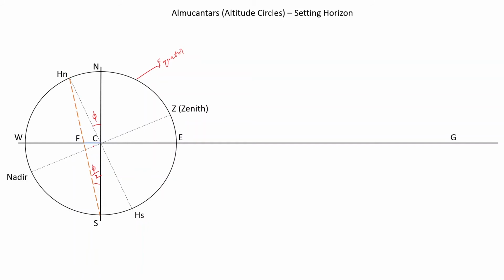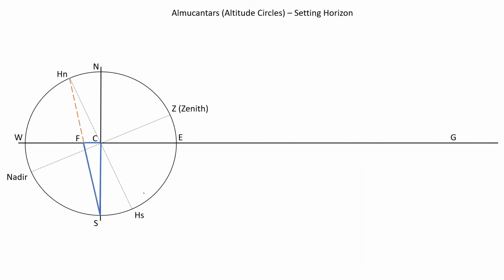In right angle triangle SCF, tan phi by 2 is equal to CF upon CS. Rearranging the formula, CF, which is the part of the diameter of the horizon circle towards the north, is equal to CS, which is the radius r of the equator, times tan phi by 2.